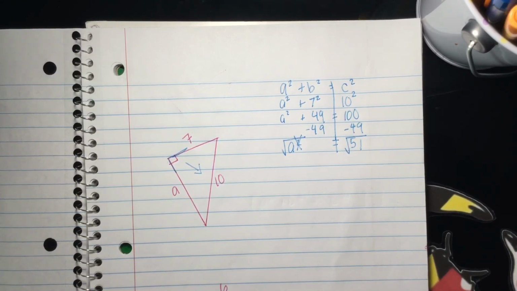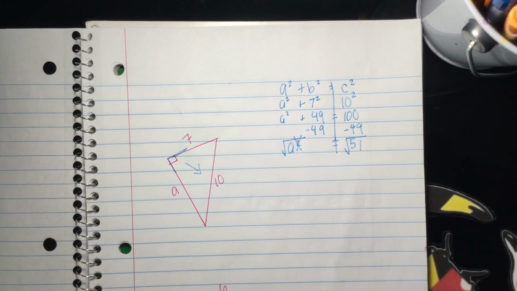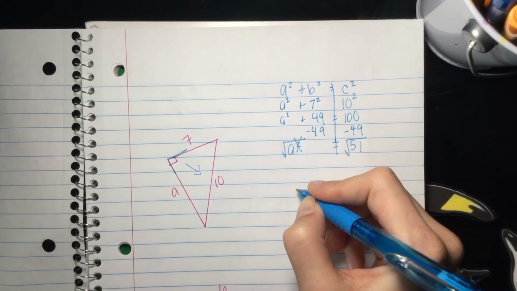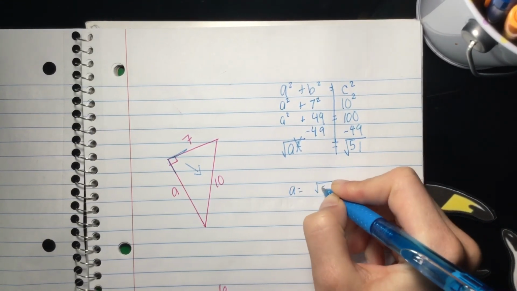You can look on the sheet that I'm going to provide for you and notice it's not a perfect square. Can we break it down and put a perfect square in there? No, we cannot. So either you can plug it into your calculator and it'll give you a decimal, or you can leave it as a square root. So we're just going to leave this as a equals the square root of 51.